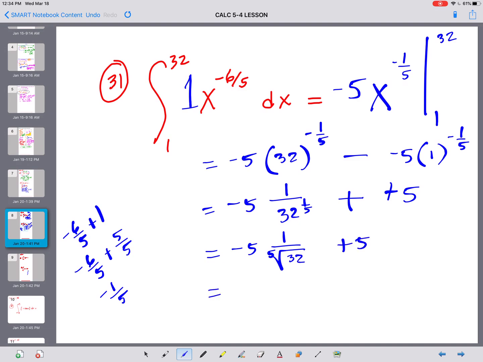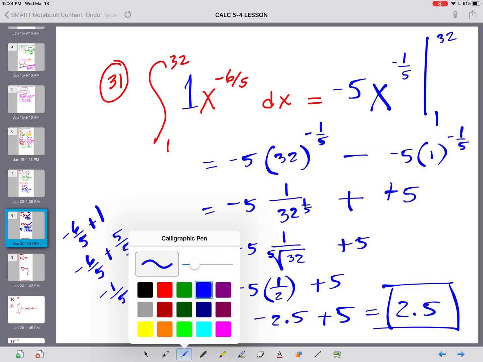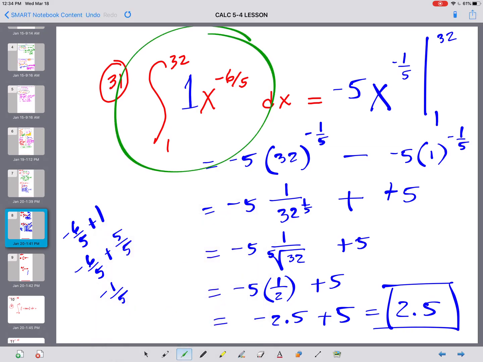Okay, what's the 5th root of 32? So ask yourself, what number times itself 5 times gives you 32? It's 2, so that's going to be 1/2, and then plus 5. So this right here is -2.5 plus 5. That's going to be a positive 2.5. There's our answer. Always check it. Okay, let's go to the last problem here.